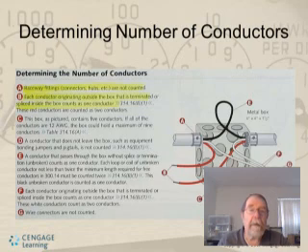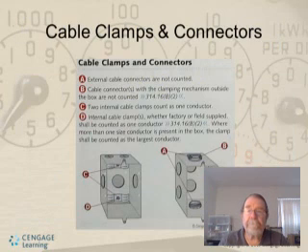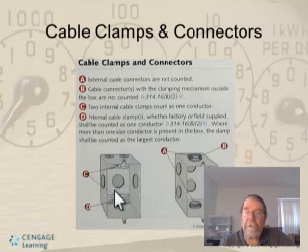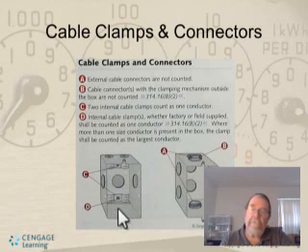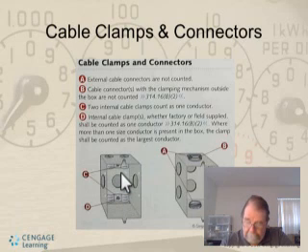Now, cable clamps and connectors. Inside this box down here, you have these clamps. If you have clamps inside the box, it's usually a metal box that has these clamps, and they're counted as one conductor.